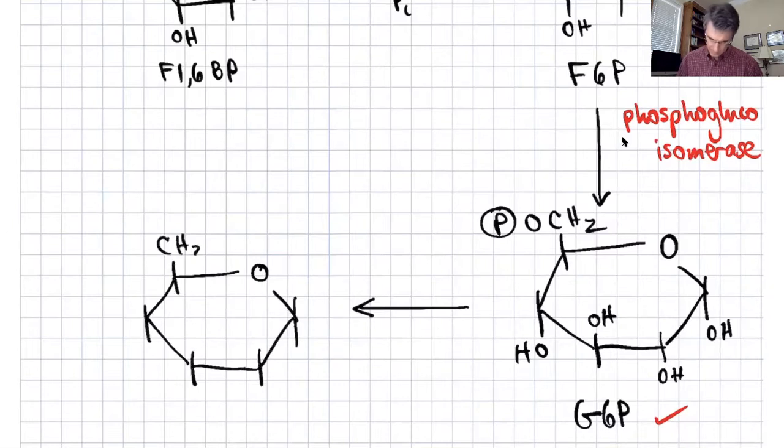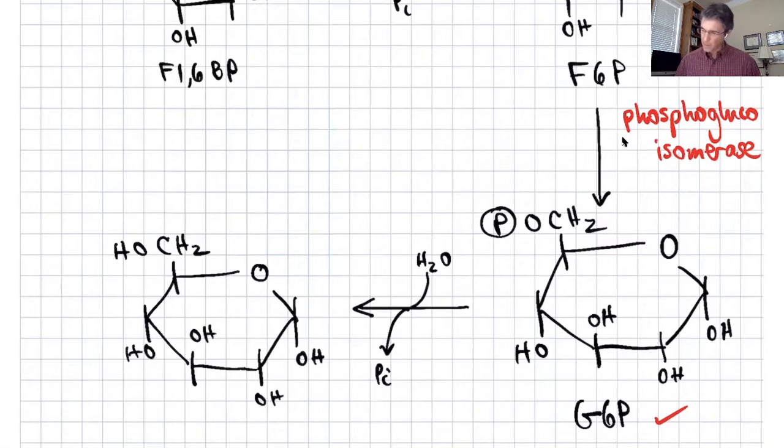We clip off that last phosphate group, again putting in some water to hydrolyze that phosphoester bond. And the enzyme that runs this, it's another phosphatase. This one's glucose 6-phosphatase.